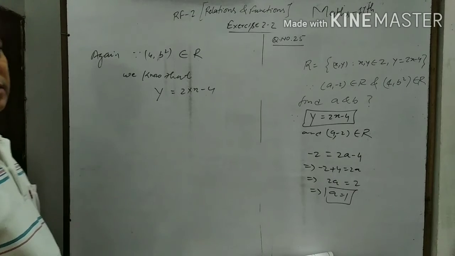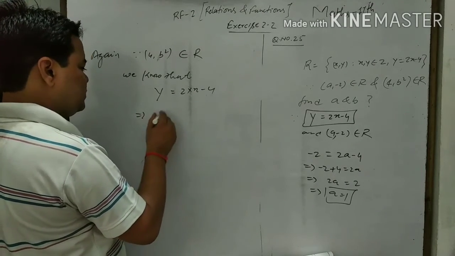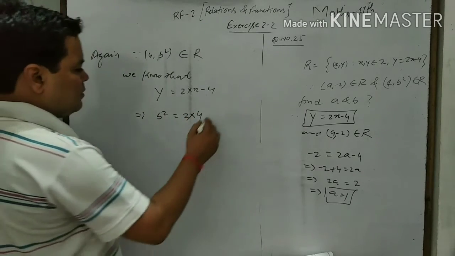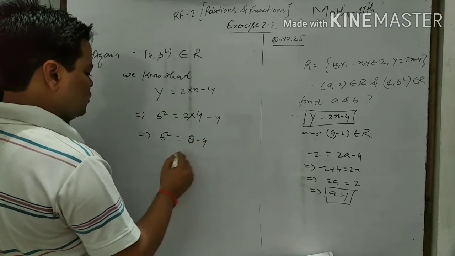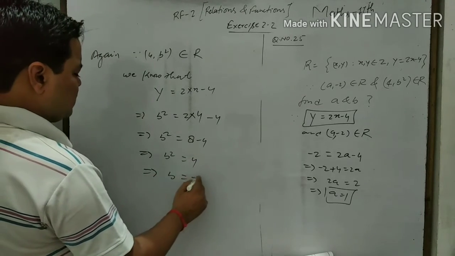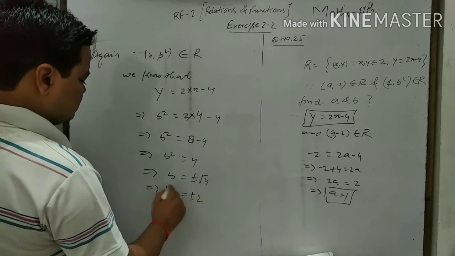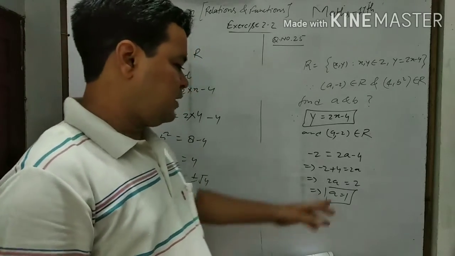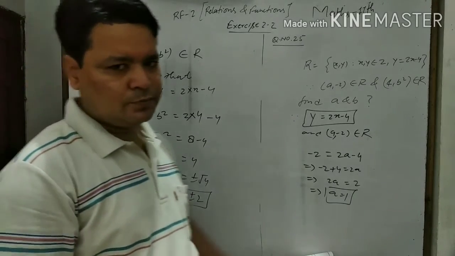So here also it will satisfy: the second term, that is b², is equal to 2 into the first term, that is 4, minus 4. This implies b² = 8 - 4. This implies b² = 4. This implies b = plus or minus the square root of 4. Hence b = plus or minus 2. Therefore, the answer is a = 1 and b = plus or minus 2.